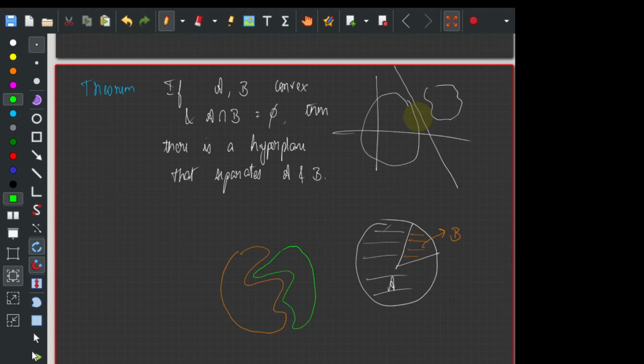So in the language of convex sets and convex functions, a linear classifier is just a hyperplane which separates two sets. All right, and if your sets are non-convex, then it may or may not be possible to construct a linear classifier.